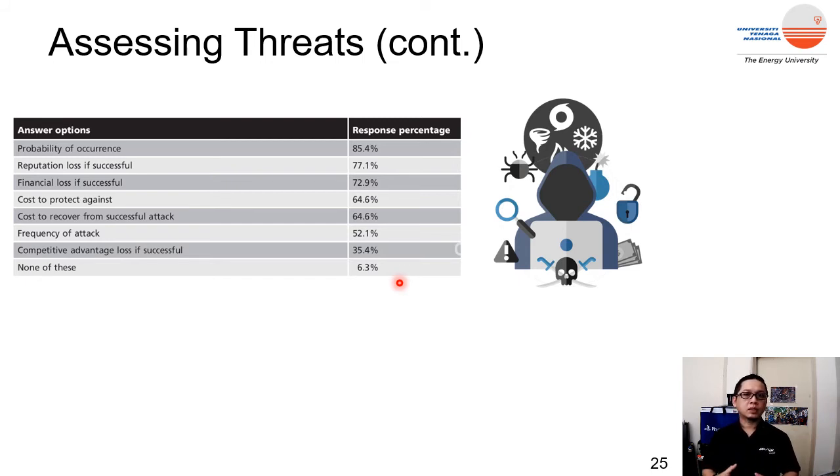You must be realistic, you must be very honest to yourself, because this is very important in determining the security control to protect those assets from those threats. If you're not being honest, then you cannot have a proper security control to protect your asset.